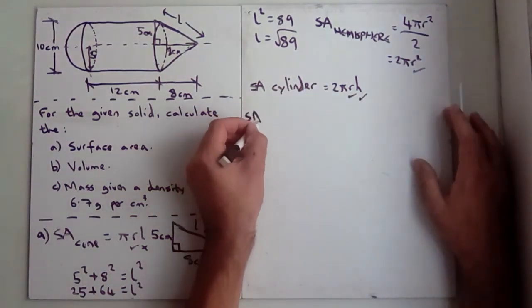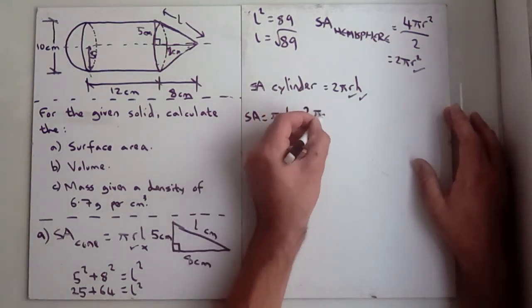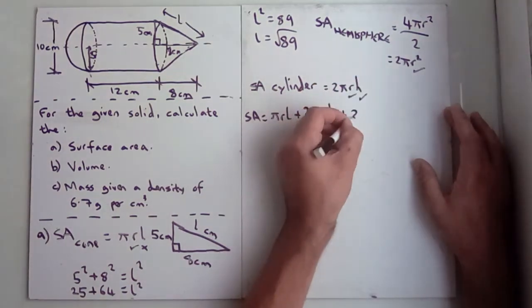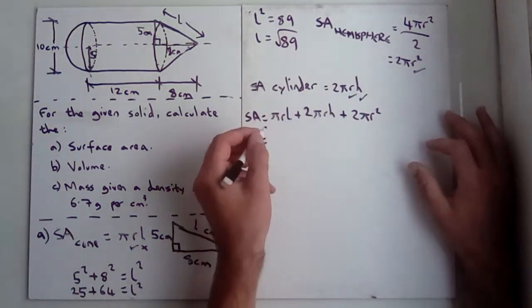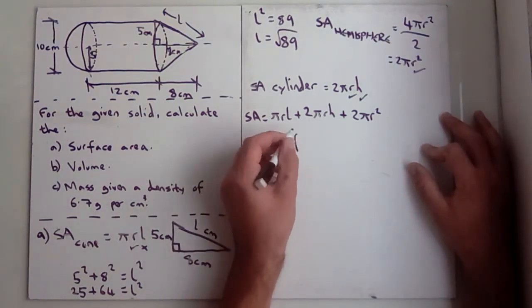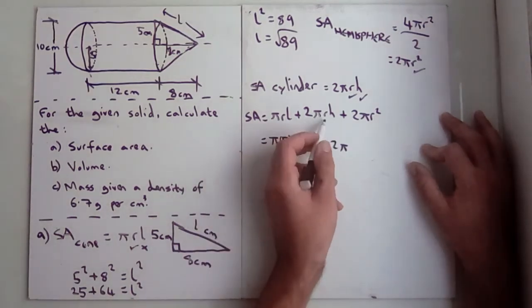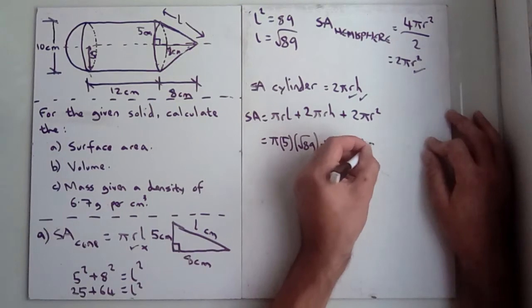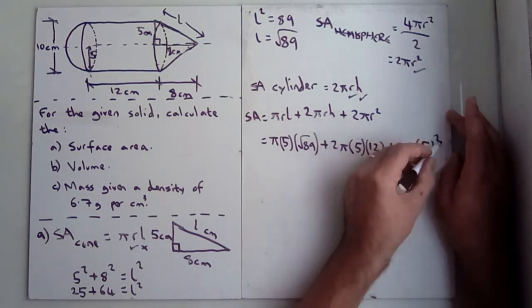So overall the surface area equals pi r l plus 2 pi r h plus 2 pi r squared for the hemisphere. If we substitute in, that is pi times 5 times root 89, plus 2 pi times 5 times 12, where h is the height of the cylinder, plus 2 pi r squared. R is 5 for all 3 shapes.